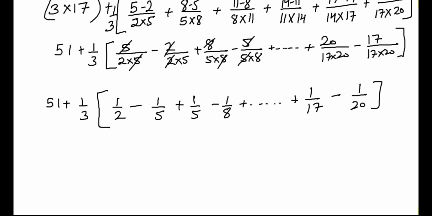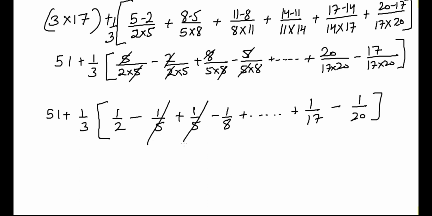So inside stuff in a telescopic series usually gets cancelled off. You just get 51 plus 1 by 3, and in the bracket 1 by 2 minus 1 by 20.